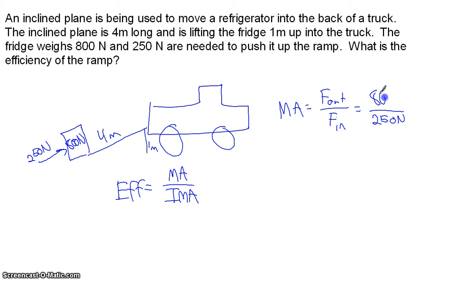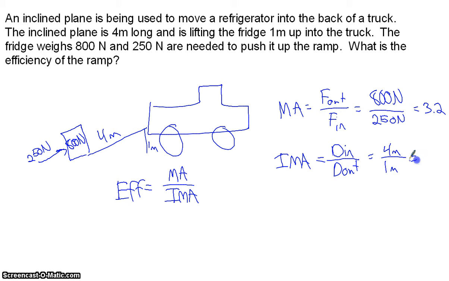We're getting 800 newtons out because the job is to lift that 800 newton fridge. So we have a mechanical advantage of 3.2. Our ideal mechanical advantage is the distance in divided by the distance out. We have to put a total of 4 meters in to move up the ramp. You get just 1 meter out, and so that's 4. So the efficiency would be 3.2 divided by 4. So that would be 80%.